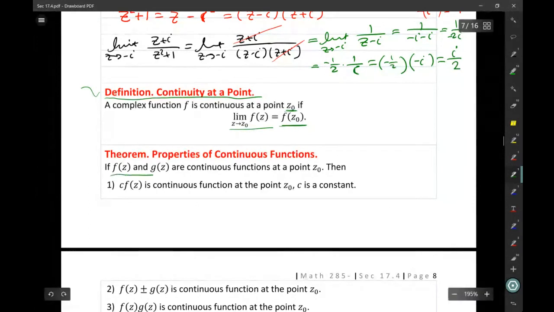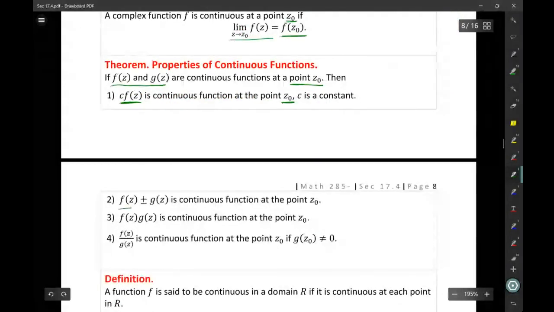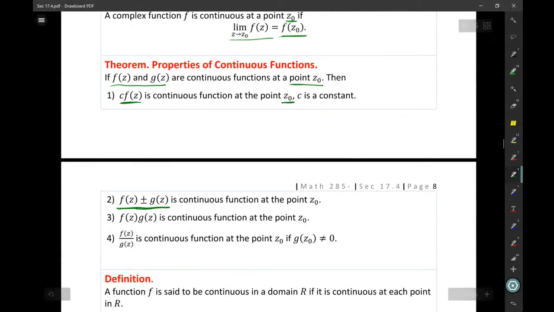Now, if we have two functions, f and g, continuous at the point z naught, then multiplying by any constant, it also remains continuous at z naught. The addition and subtraction of those two functions will also be continuous at the same point.